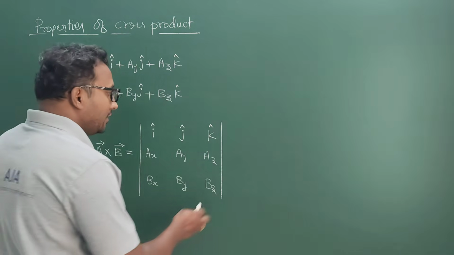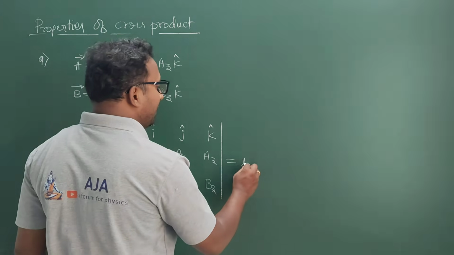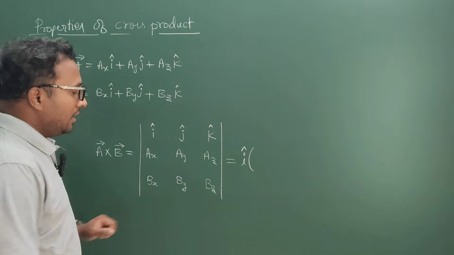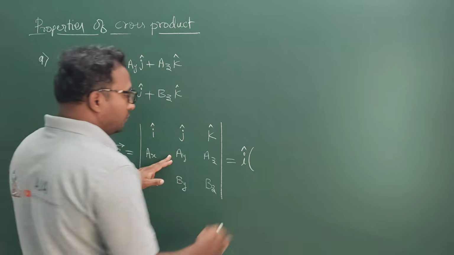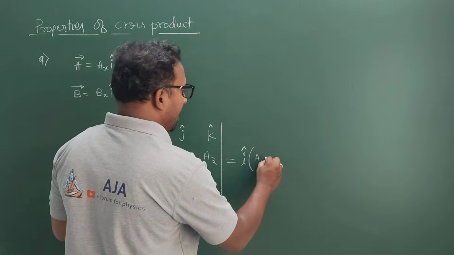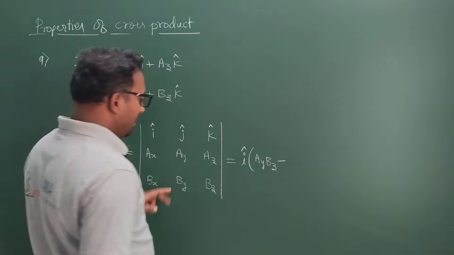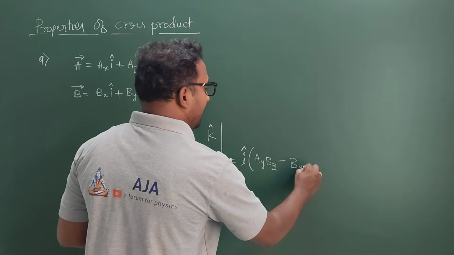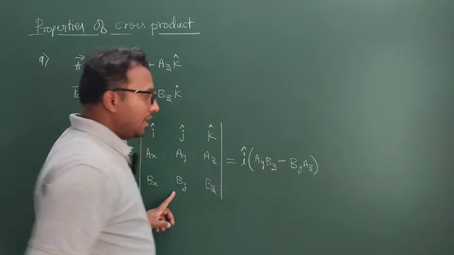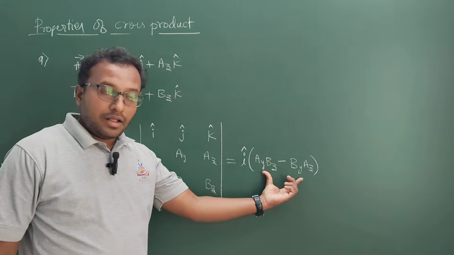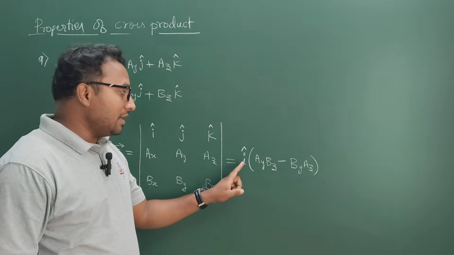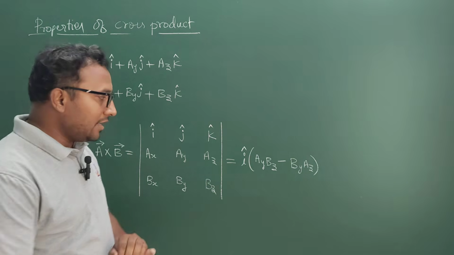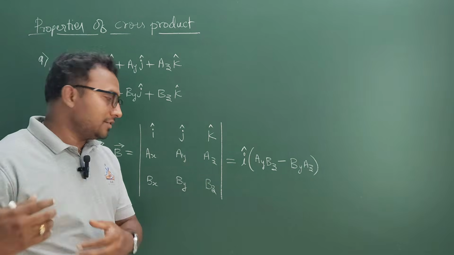How to take the determinant? That is very simple. For the determinant of this matrix, I will take this i cap first, and I will take the cross product over here: ay bz minus the product of these two, by and az. And this will be a number, having its value along the x-axis. That's why it is i cap, a unit vector along the x-axis.